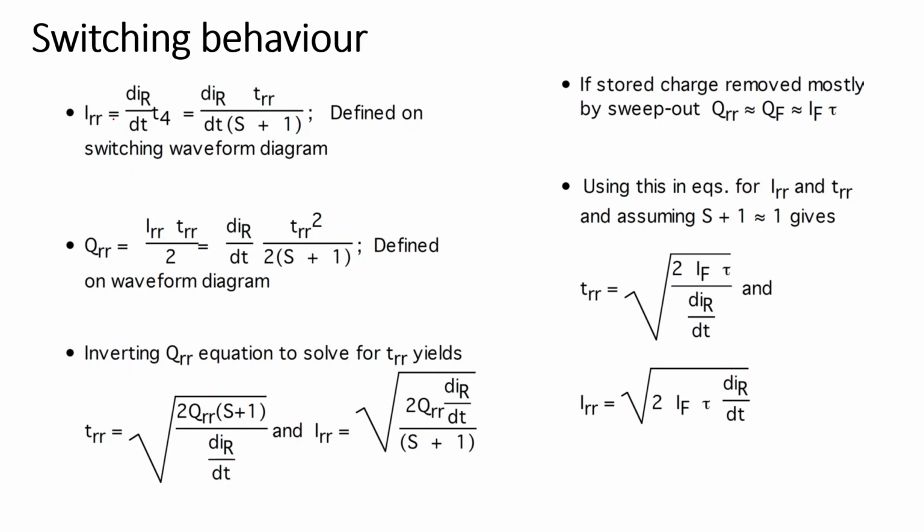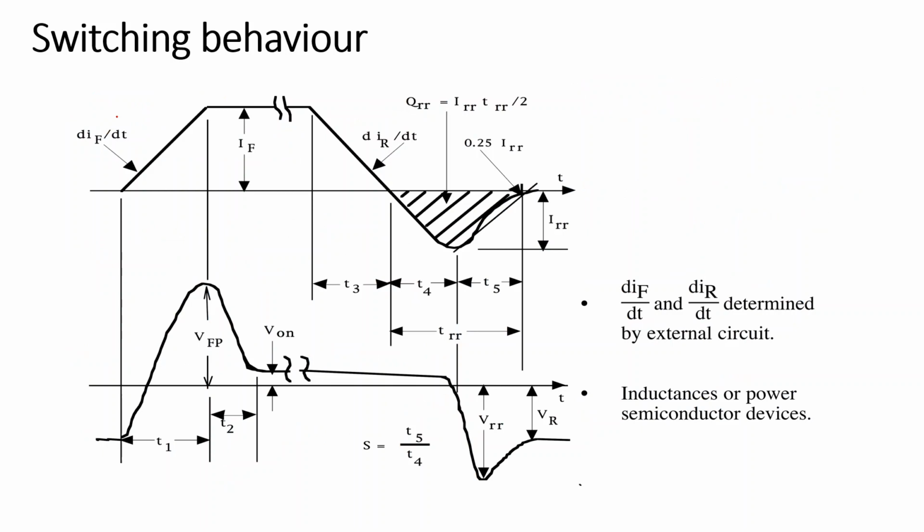Now, what is the value of the reverse recovery current? It can be seen here. Let us say this value is T4, and what is the slope here? The slope is dIR by dt, right?